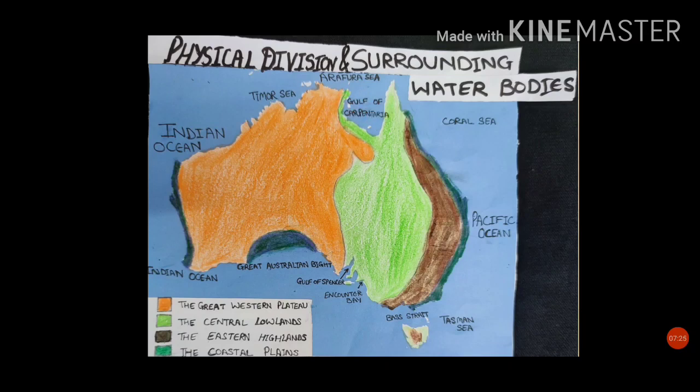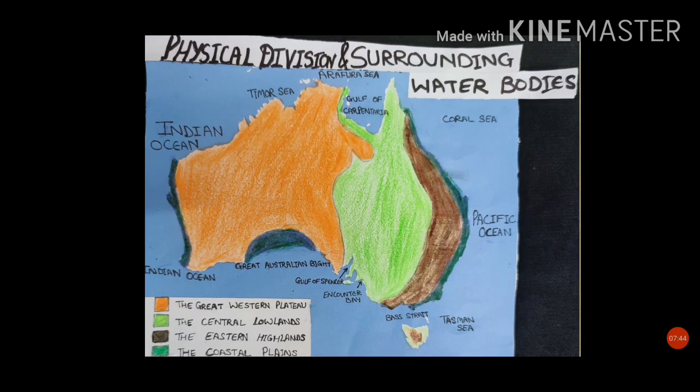To the east, it has the Coral Sea, Great Australian Bight, Gulf of Spencer, Encounter Bay, Bass Strait, Tasman Sea.